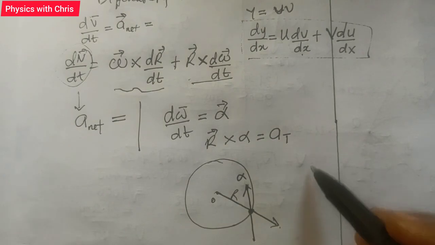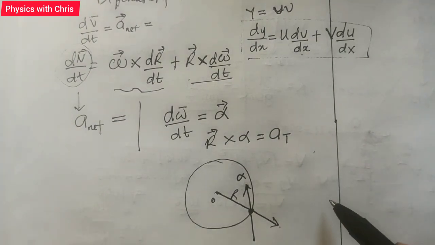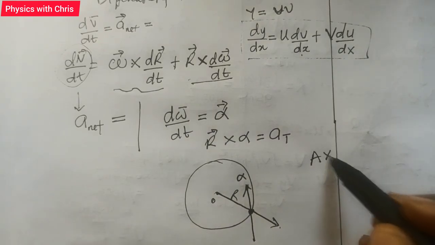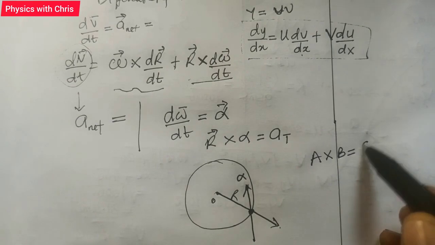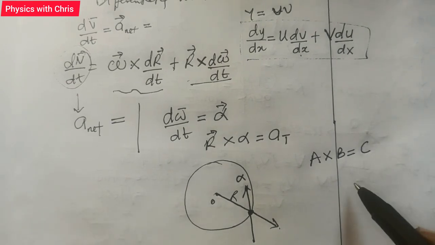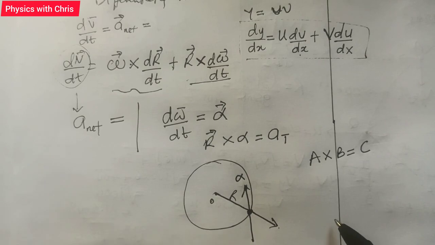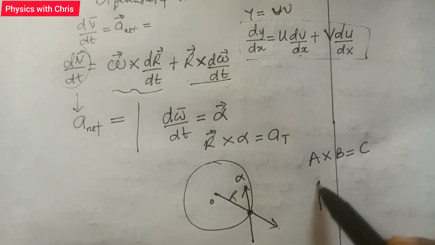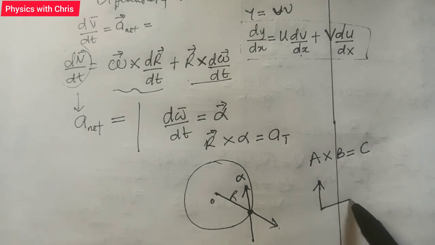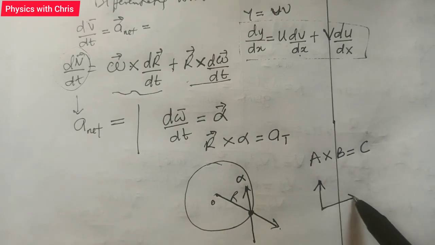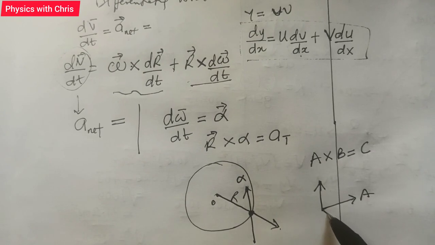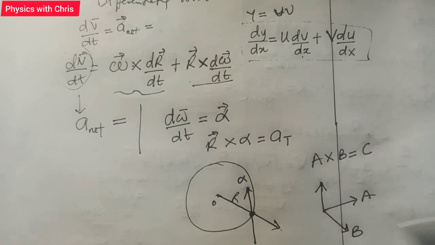Now, in dealing with the cross product of two vectors, suppose you have A cross B and the result is C. It means that this vector C is the result of taking the cross product of these two vectors. It's another vector. How is it directed? It is directed at right angles to the plane that contains vectors A and B. This is how to understand it.